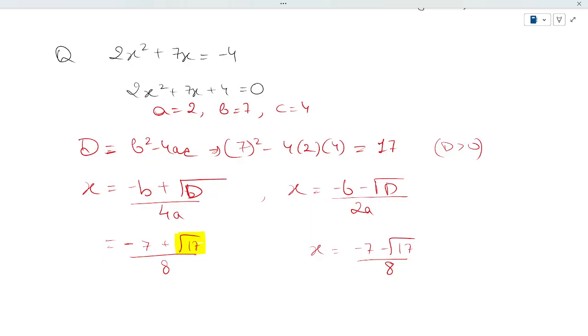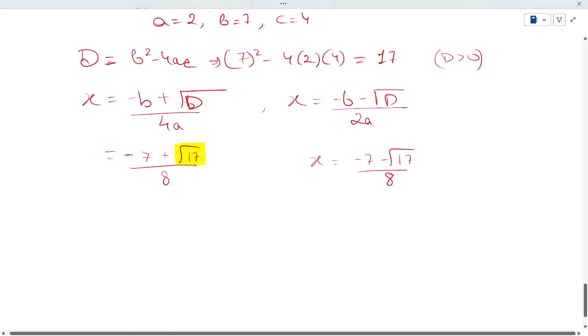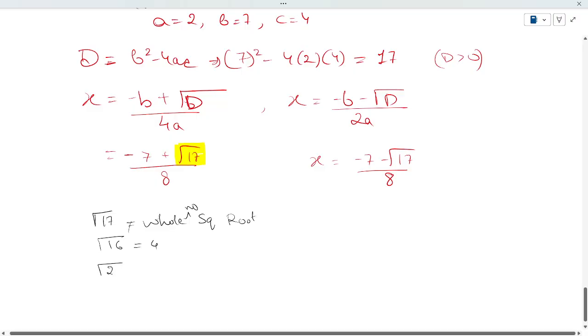If you want to write the value of under root 17, you know that this under root is not a rational number, right? Under root 17 doesn't have any whole number square root. What do you understand by whole number square root? Like under root 16 is 4, under root 25 is 5. These are perfect squares, right?